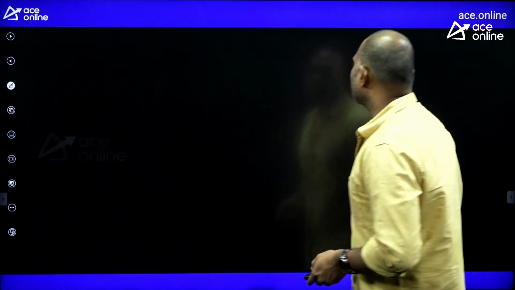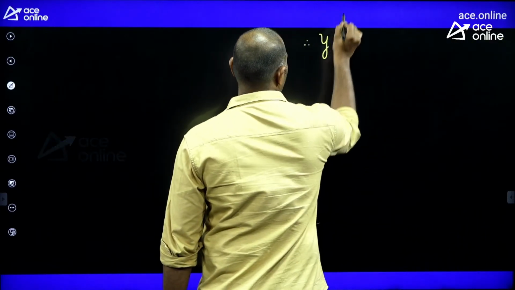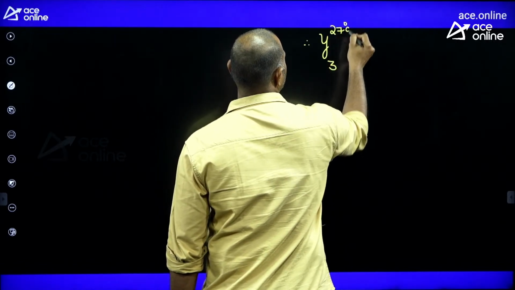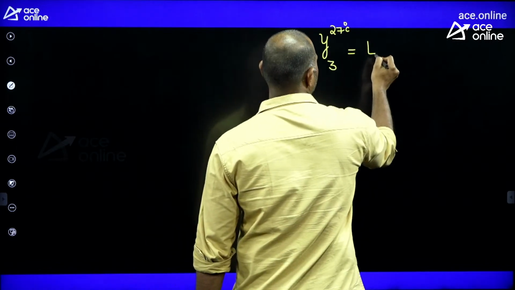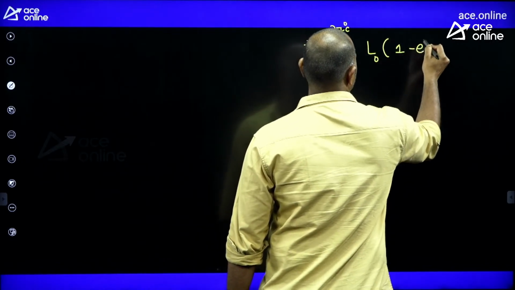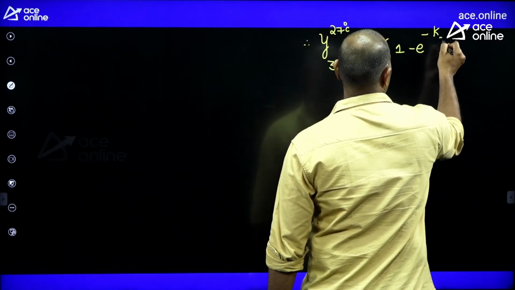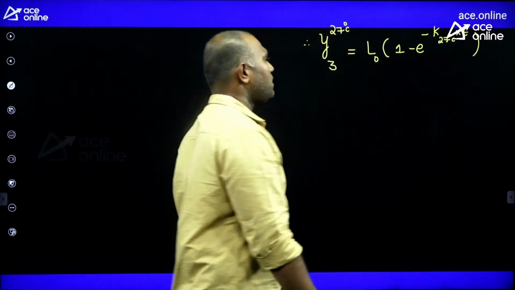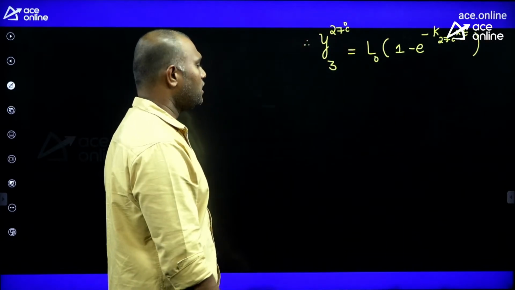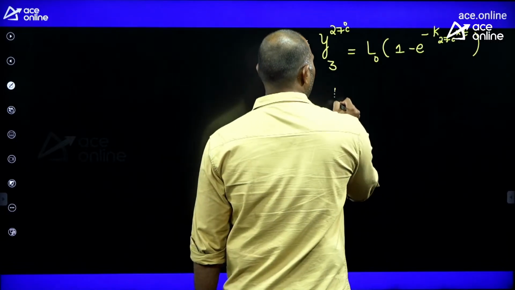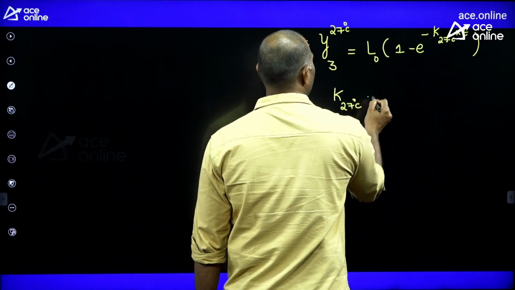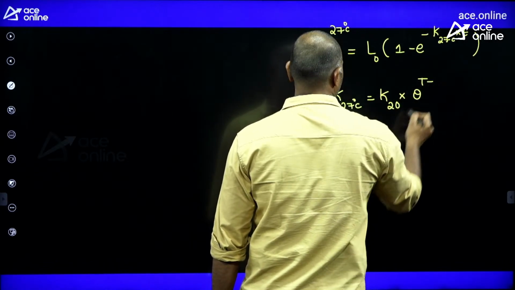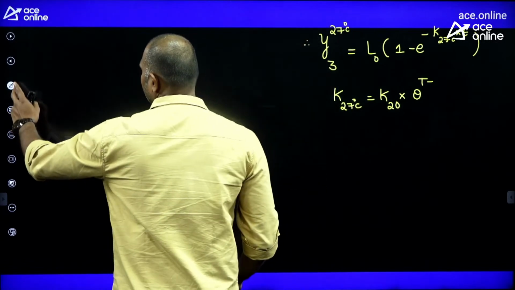So now the question I am asking is, I want to find out how much amount of BOD is utilized in 3 days at 27 degrees centigrade. So that is going to be the expression L0 into 1 minus e to the power of minus K, this time it's not 20, it is 27 degrees centigrade, into how many days? That is going to be 3 days, right? First of all, you need to find out K at 27 degrees centigrade, which is K20 into theta to the power of T minus 20.